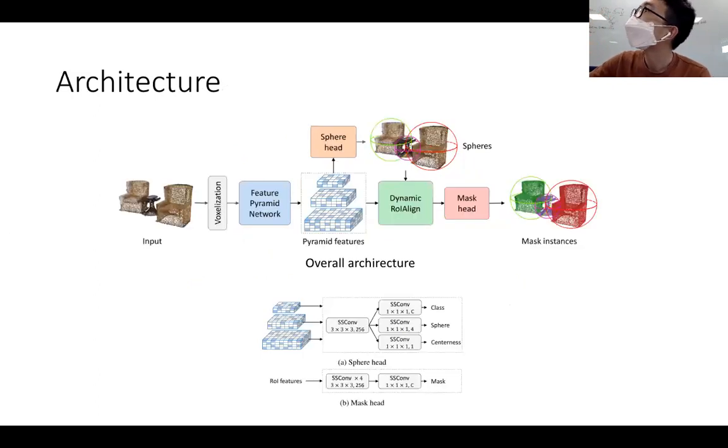And here is our proposed method. We have the input point cloud, and here is a feature extractor. After the feature extractor, I have a feature. Why do I have different blocks like this?